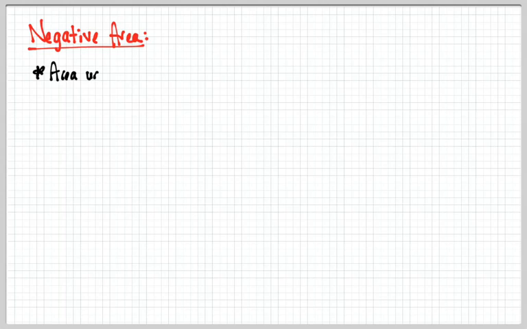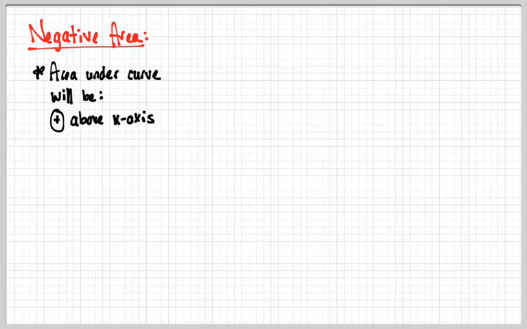So the area under the curve will be either one of two things here. It will be positive if the area is above the x-axis, and it will be negative if it is below the x-axis.